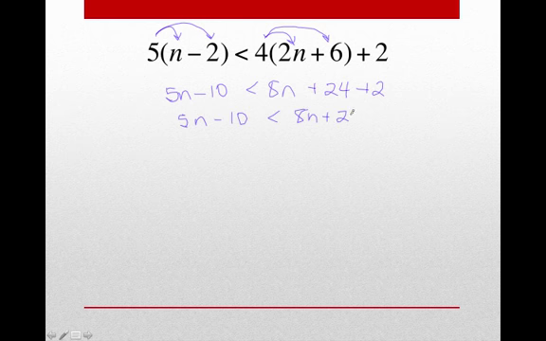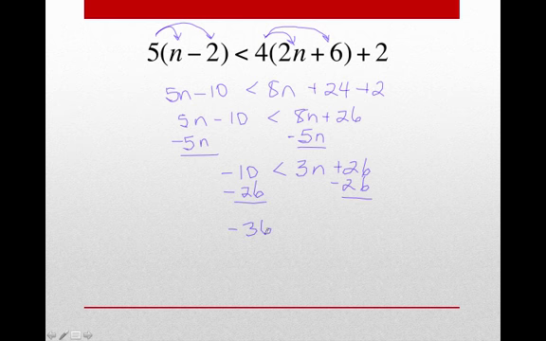I've got 26. So I've got a 5n over on this side and an 8n over on this side. I'm going to choose to keep a positive variable. And now I can get rid of my 26 from both sides.